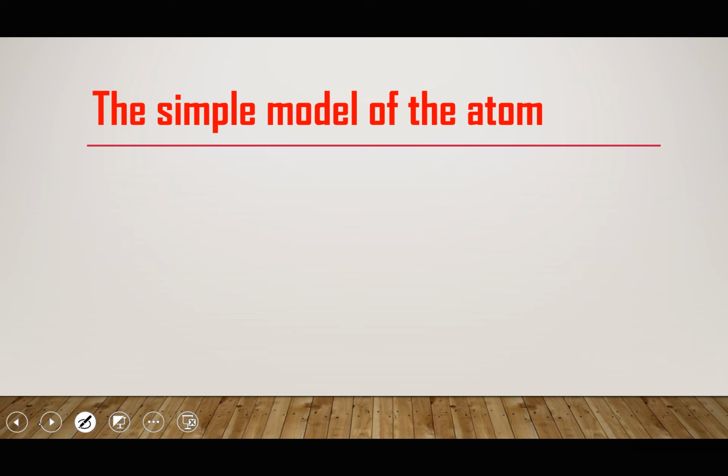And I said by 1909, a new model, which is called Rutherford's nuclear model, was developed. And I said in 1911, Rutherford and his colleagues repeated the experiment with Marsden and agreed that J.J. Thomson's model was not sufficient.